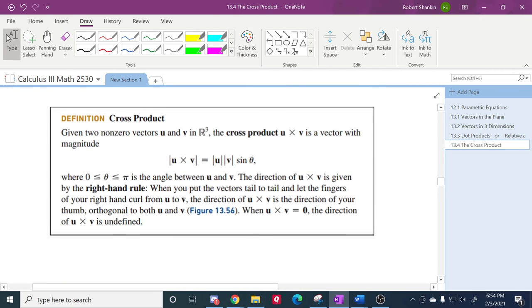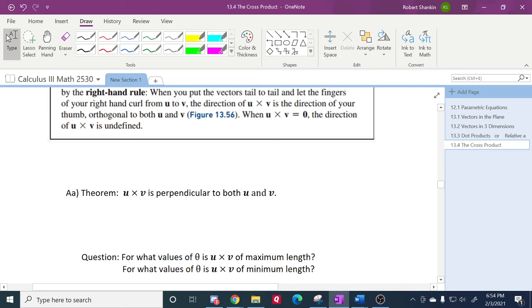Theorem: u cross v is perpendicular to both u and v, because any two vectors are like two pens, or a pen and a pencil.